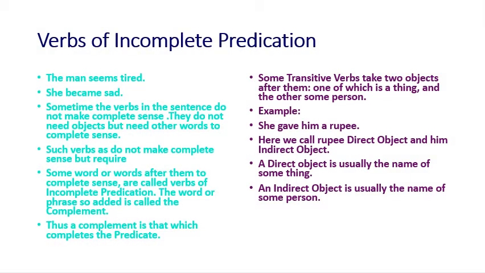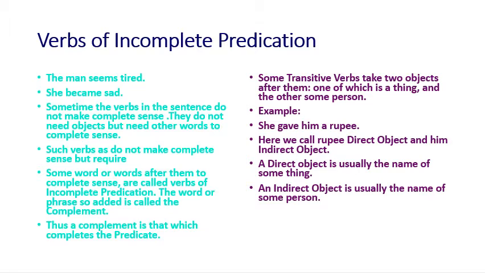Verbs of incomplete predication. The man seems tired. She became sad. Sometimes the verbs in the sentence do not make complete sense. They do not need objects but need other words to complete sense.